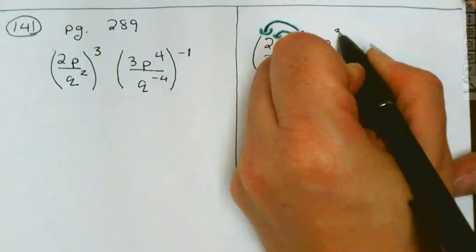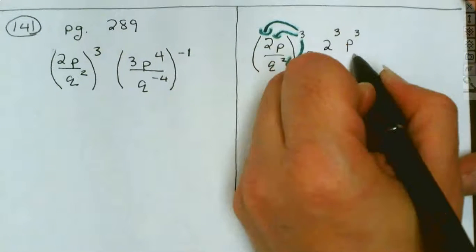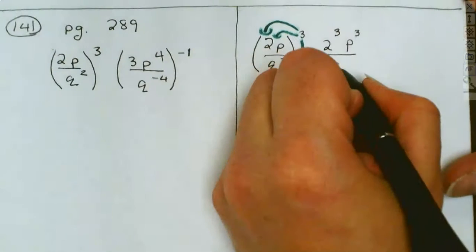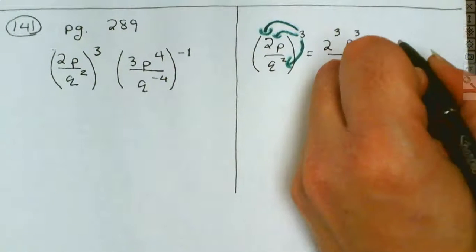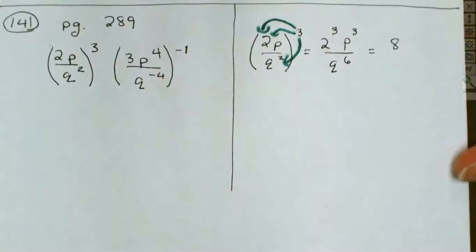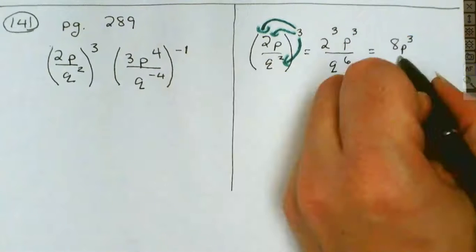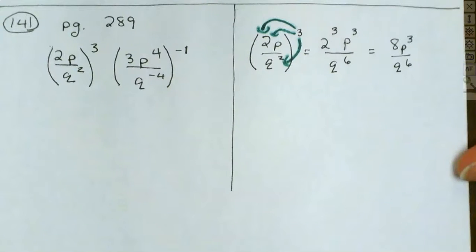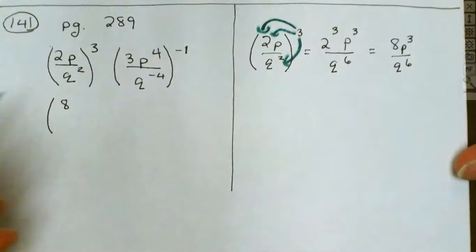That's going to be 2 cubed p cubed over 3 times 2 makes it a q to the 6th power. And we know 2 cubed is small enough that we can work with it. So that would be 8 p cubed over q to the 6th power. So there's that piece.